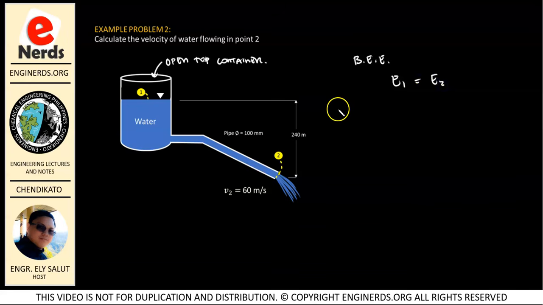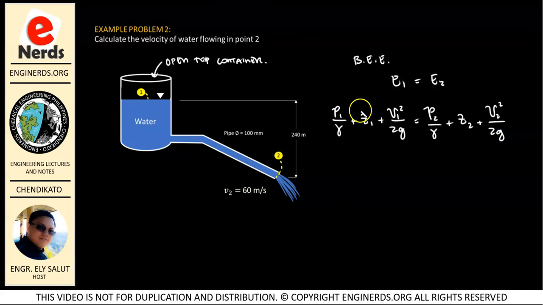So, pressure at point 1 over unit weight plus the elevation head at point 1 plus velocity head at point 1 is equal to pressure at point 2 over unit weight plus elevation head at point 2 plus velocity head at point 2.